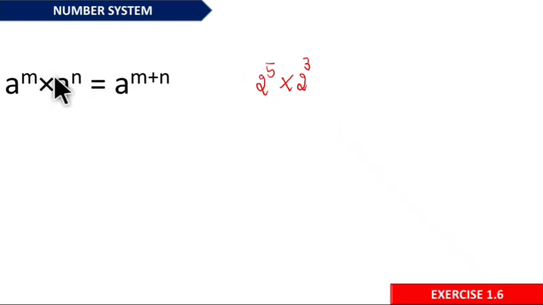In the place of m we have 5, in the place of n we have 3. So we can write that as a to the power m plus n. In the place of a we have 2, in the place of m we have 5, in the place of n we have 3. So what is 5 plus 3? 5 plus 3 is 8.